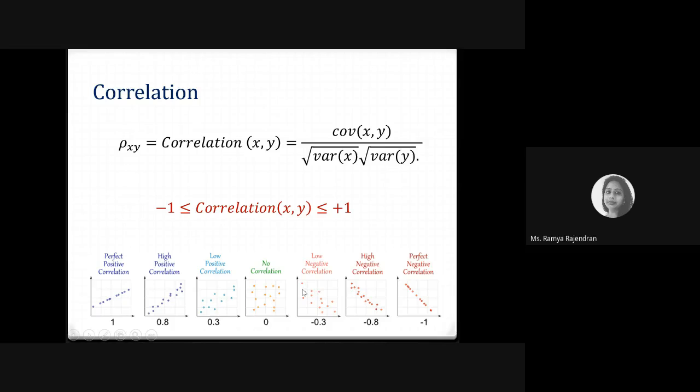When the correlation value is -0.3, you can say there is a low negative correlation. If it is -0.8, then it's a high negative correlation. And if it is -1, it's a perfect negative correlation. So always remember the value of correlation is always between -1 and +1.